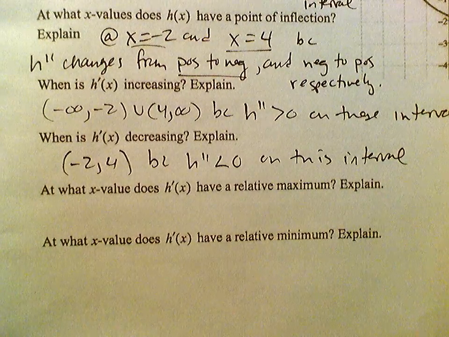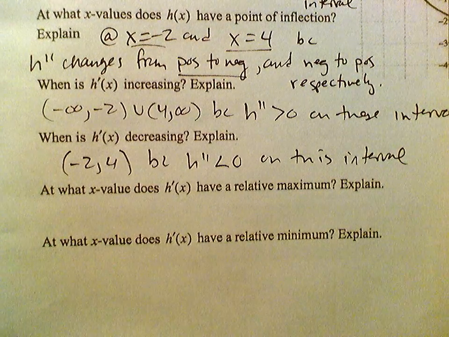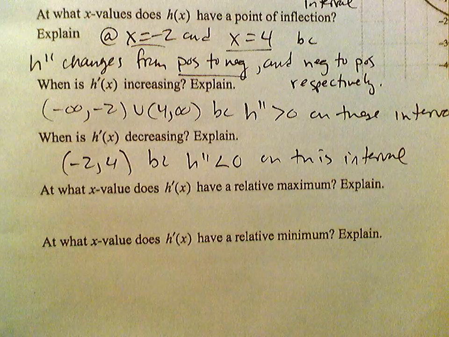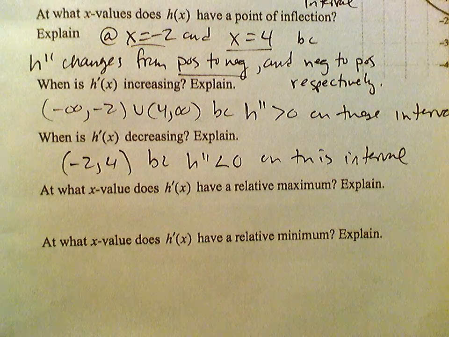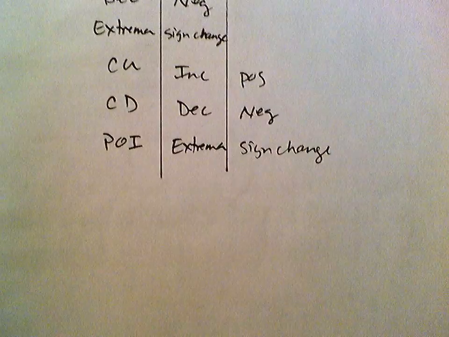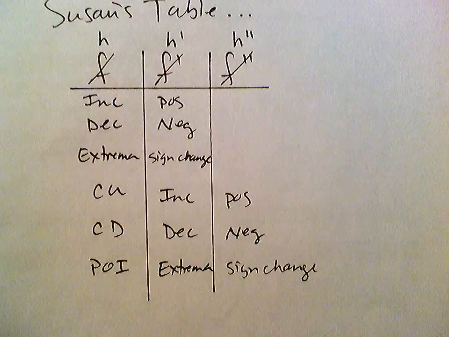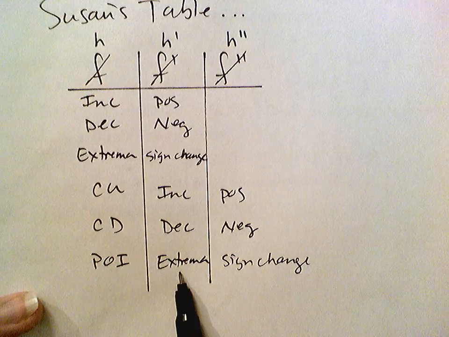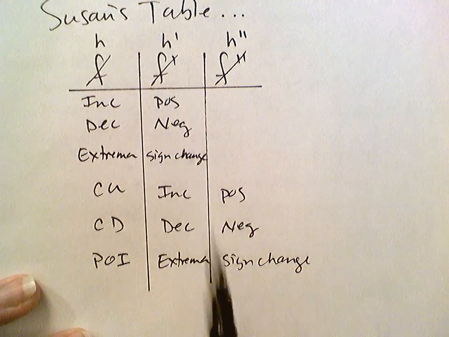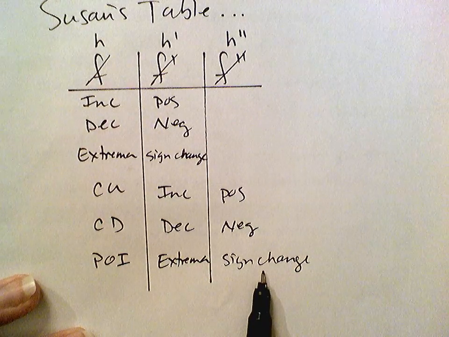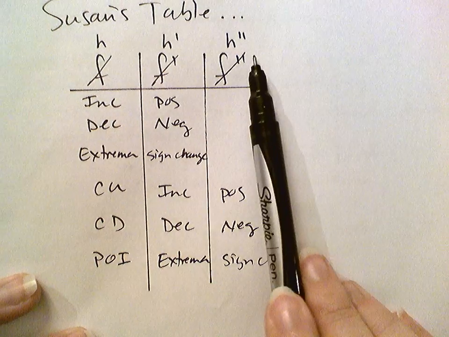At what x value does h prime of x have a relative maximum? Explain. And then at what value does it have a relative minimum? Okay, so we're looking for extrema of h prime, which means we're looking for sign changes of h double prime.